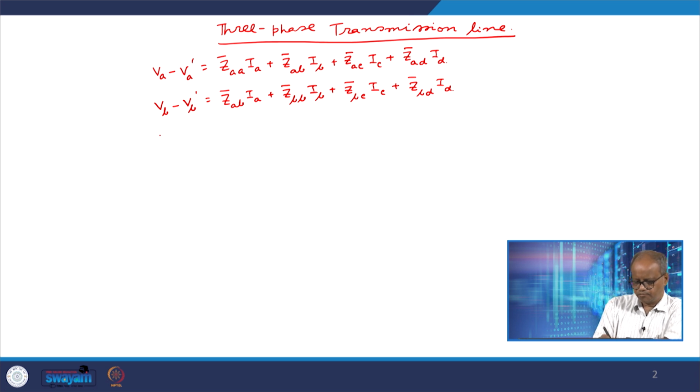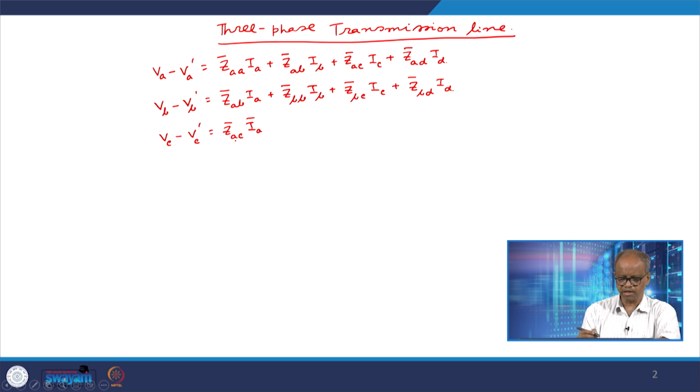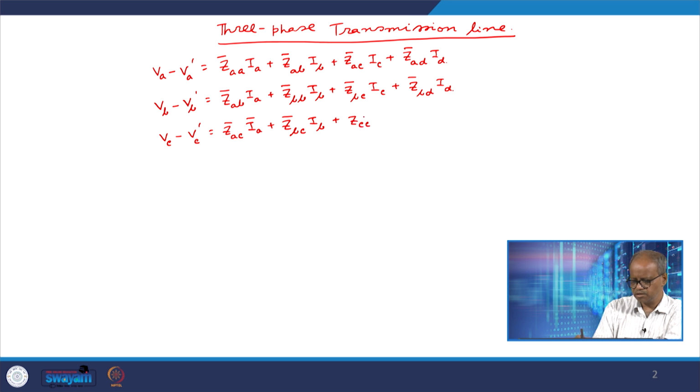And then VC minus VC dash is equal to ZCA, that is ZAC, IA. Then ZCB IB, but ZCB is equal to ZBC, so I can write it as ZBC IB plus ZCC IC plus ZCD ID.